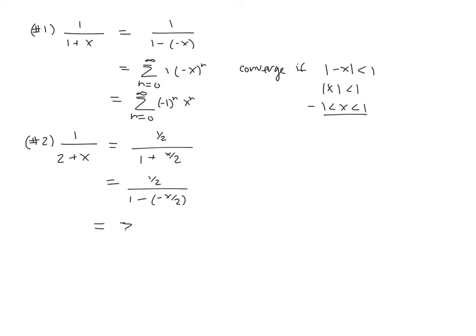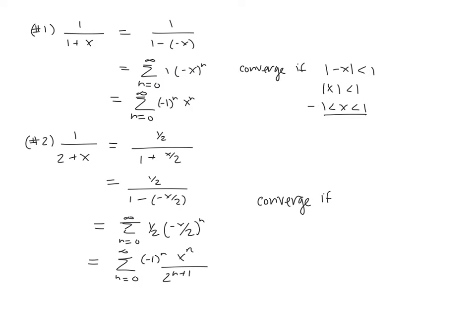That's the sum from n equals 0 to infinity, 1/2 times negative x over 2 to the n, which is the sum from n equals 0 to infinity, negative 1 to the n, x to the n, over 2 to the n plus 1. And this will converge if the absolute value of negative x over 2 is less than 1, or absolute value of x is less than 2, which means x is between negative 2 and positive 2.